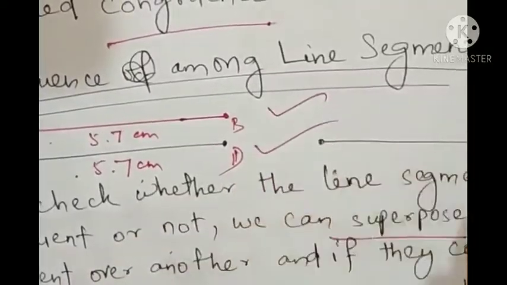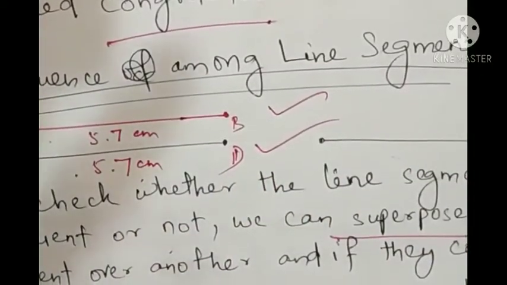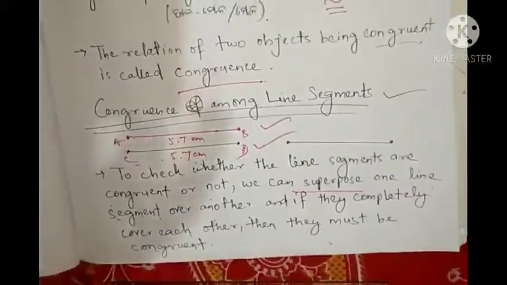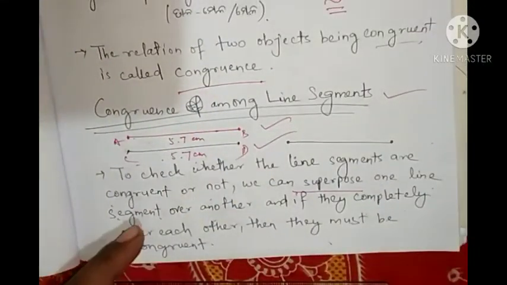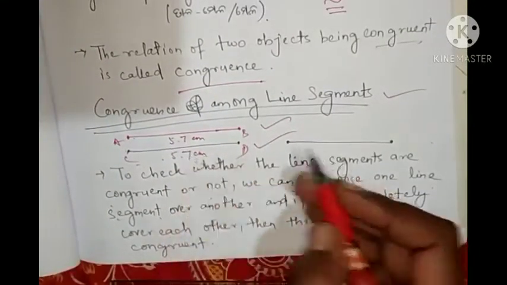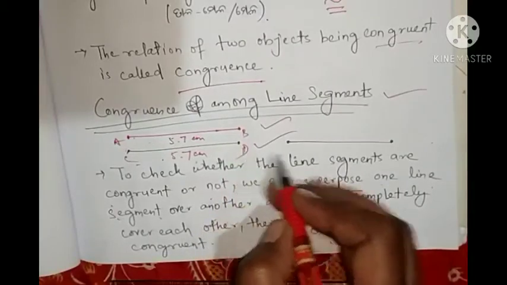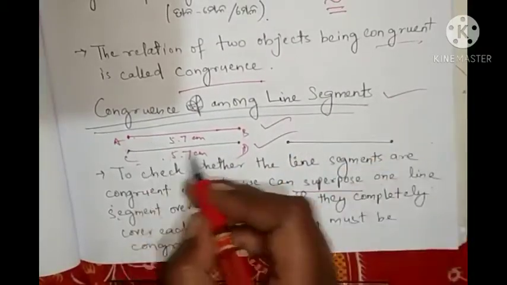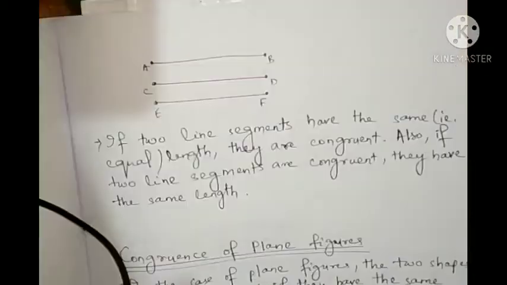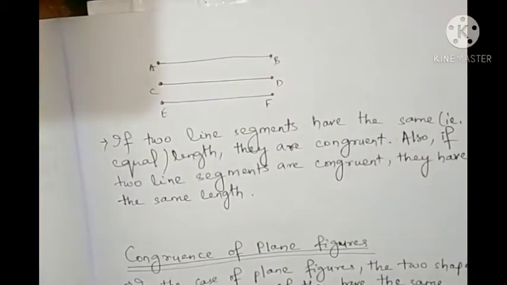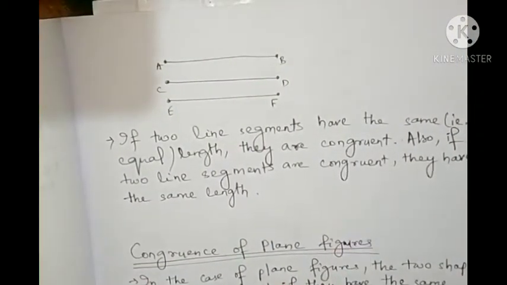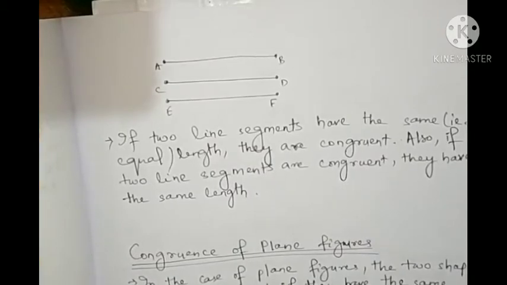That's why, how will you say that line segments are congruent? When the lengths of the lines are equal, at that time both the lines are congruent. So if two line segments have the same, that is equal length, they are congruent.